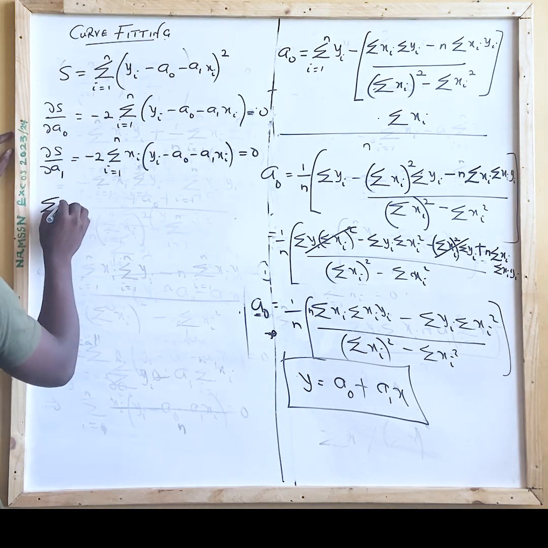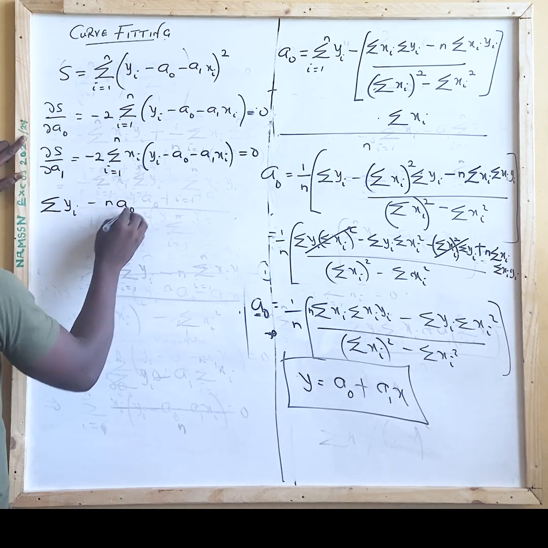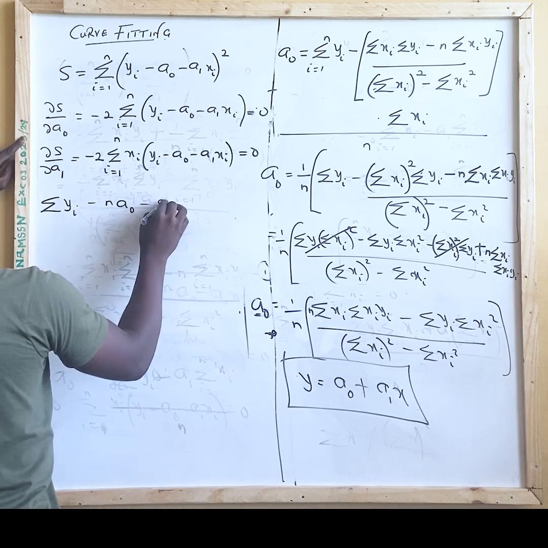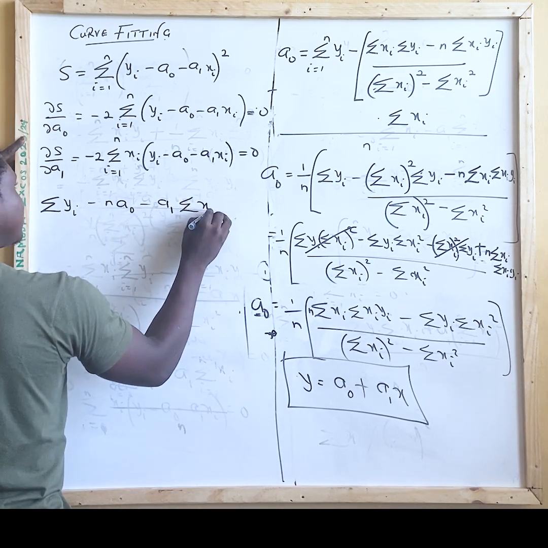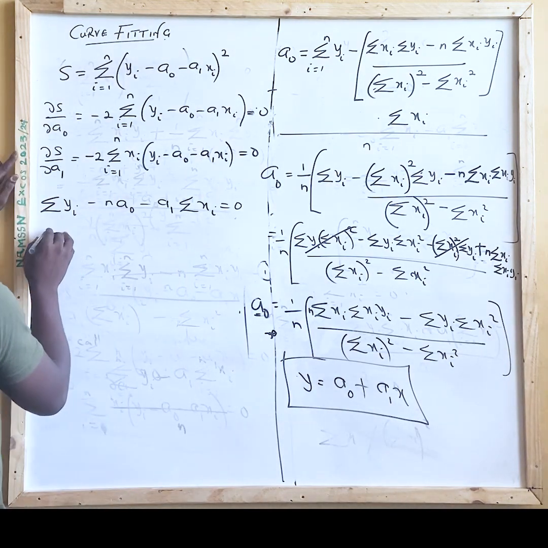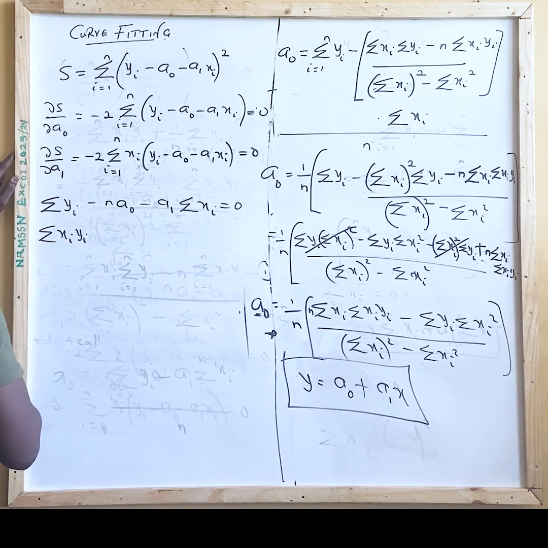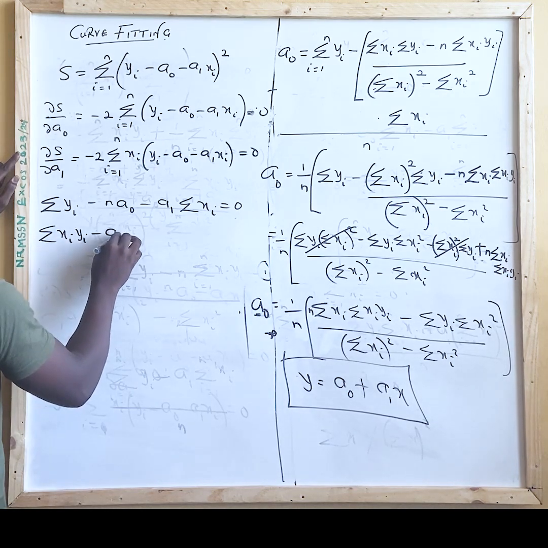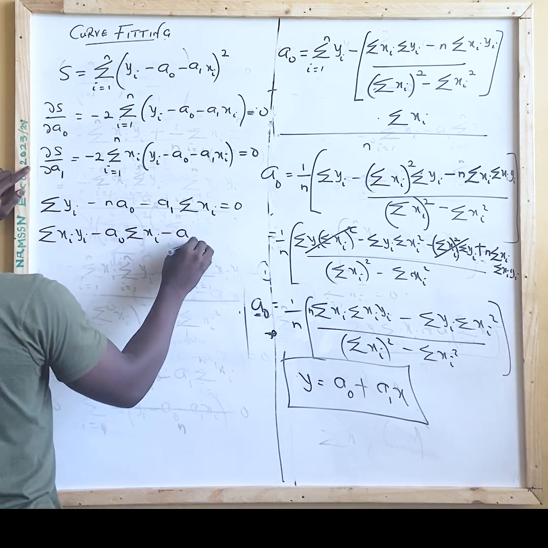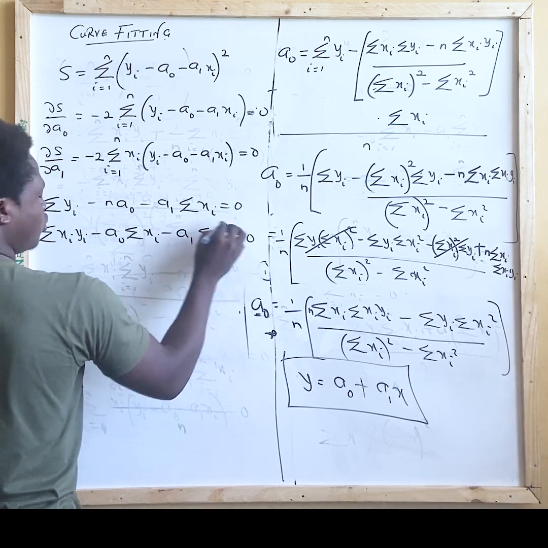Then from both of them, we agreed that the first part here can be summation yi minus n a naught minus a1 summation xi equal to 0. Then we agree that this other one here can be summation xiyi minus a naught summation xi minus a1 summation xi square equal to 0.